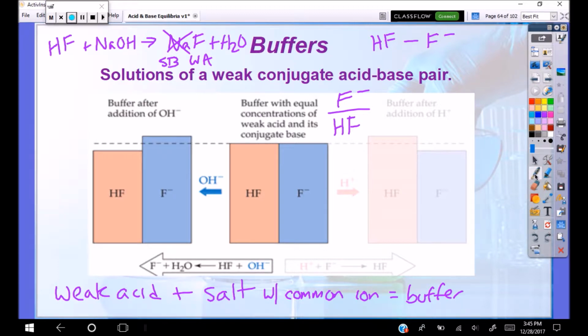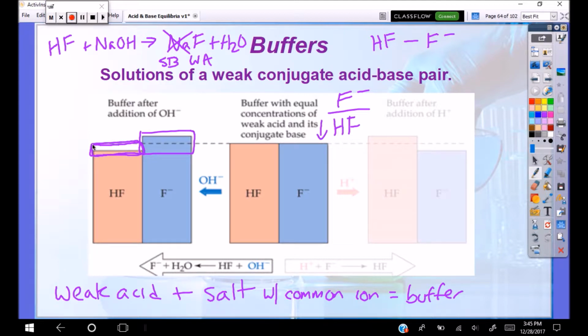If we add a strong base, such as sodium hydroxide, we add OH minus, we're going to decrease our HF, which makes sense. But since we're decreasing our HF, that means we're going to create more F minus. If we already have a lot of F minus in solution, and we know our Ka is very small because it's a weak acid, we're only going to make a little bit more F minus here. And overall, our pH is only going to have a minor change. It only drops a little bit.